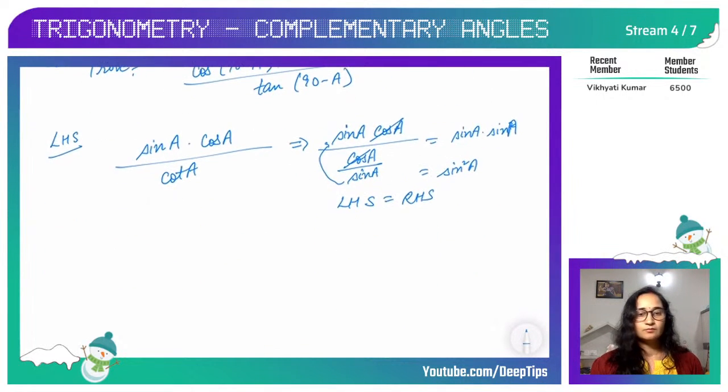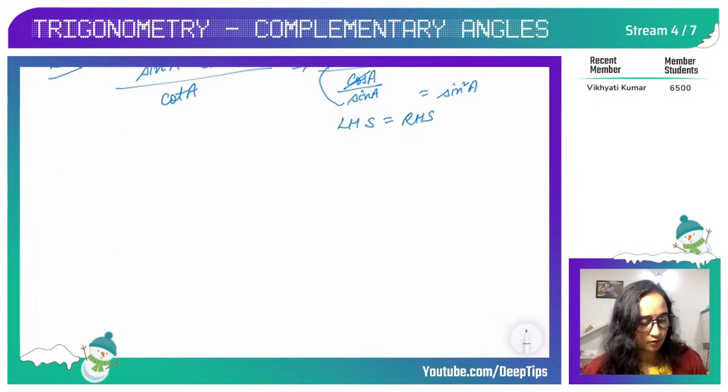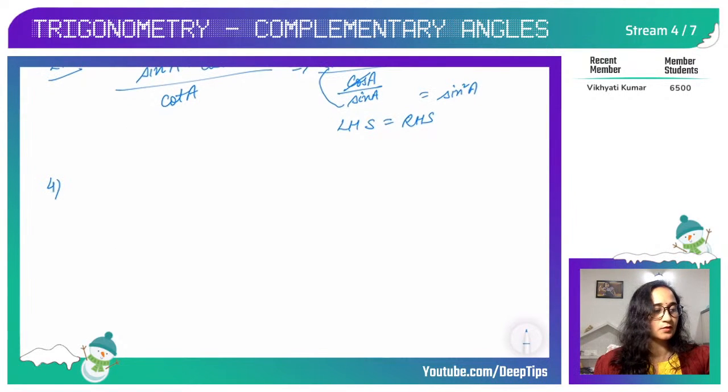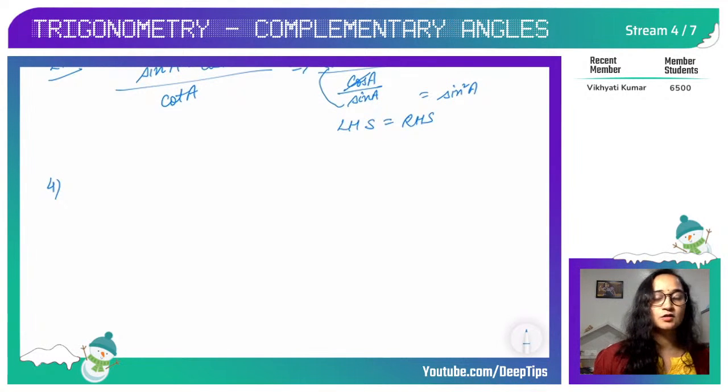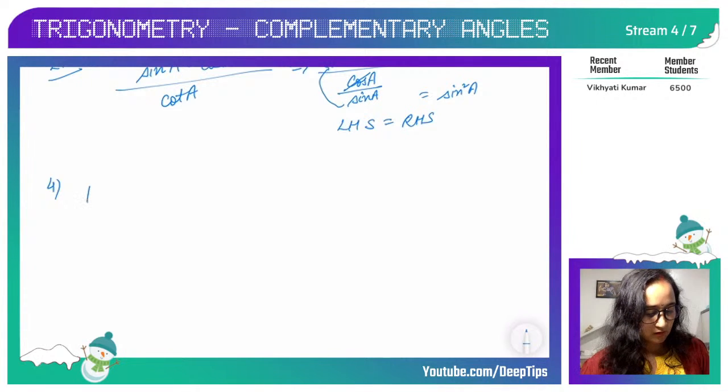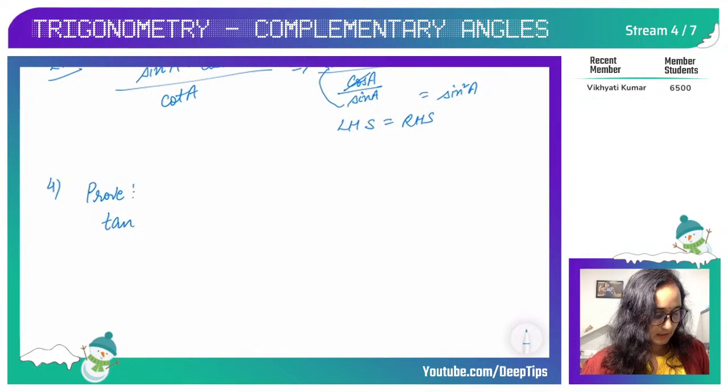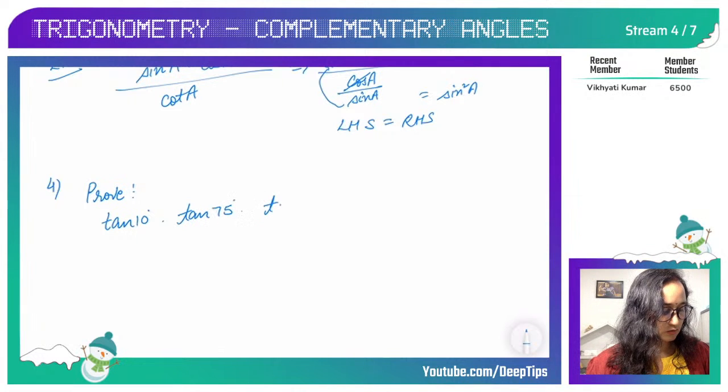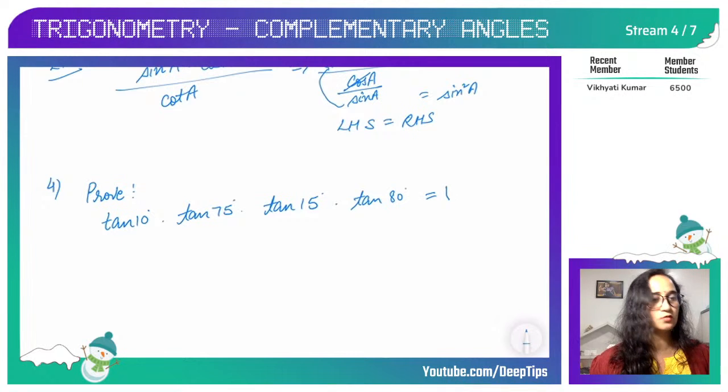Okay, now we have to do our fourth question, which is a proving question again, and this question sometimes comes in competitive exams also. It says prove that tan 10 degree into tan 75 degree into tan 15 degree into tan 80 degree is equal to 1.